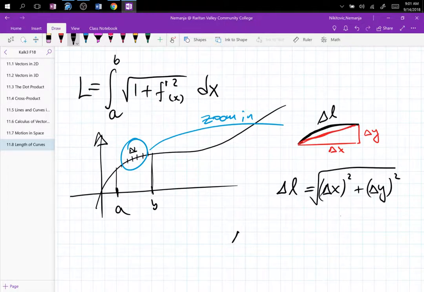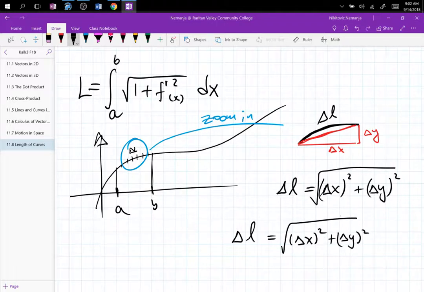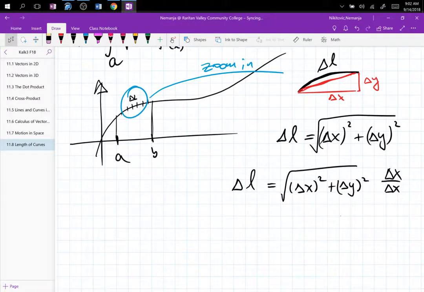So now we are doing mathematical gymnastics over here. We have our delta x squared plus delta y squared, and we multiply this by delta x over delta x. Now, the delta x in the denominator is going to undergo the square root, and in that process we'll pick up a square.